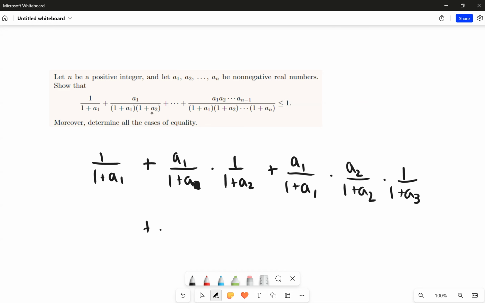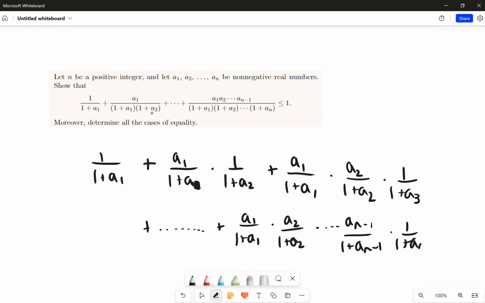And as you'd expect, this pattern continues all the way until we get to a1 over 1 plus a1 times a2 over 1 plus a2 times all the way to a(n-1) over 1 plus a(n-1) times 1 over 1 plus an. And we want to show that this is less than or equal to 1.